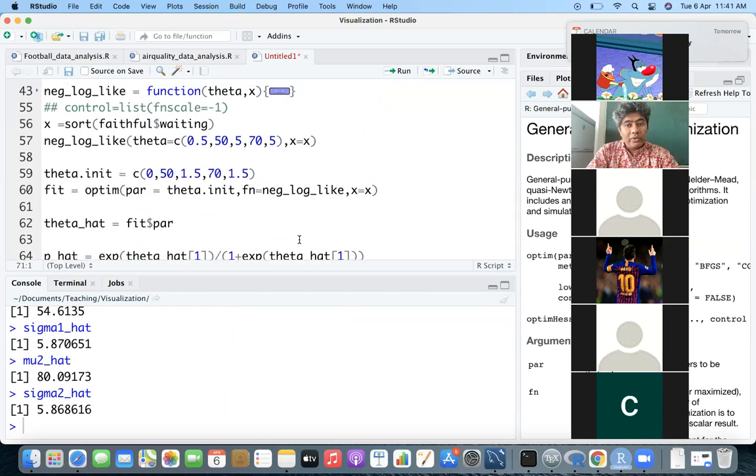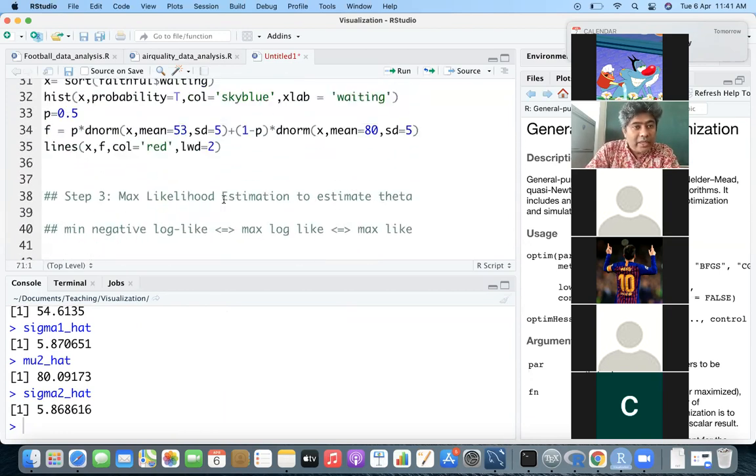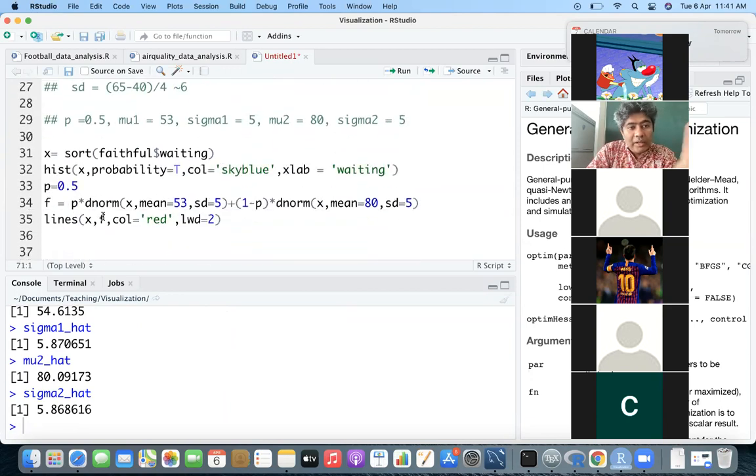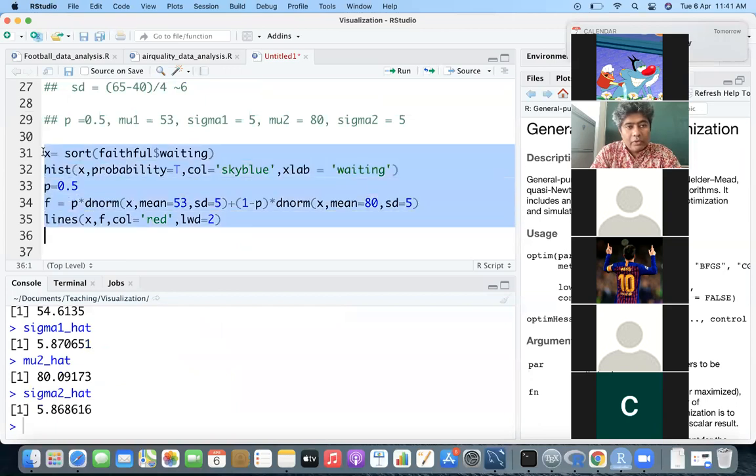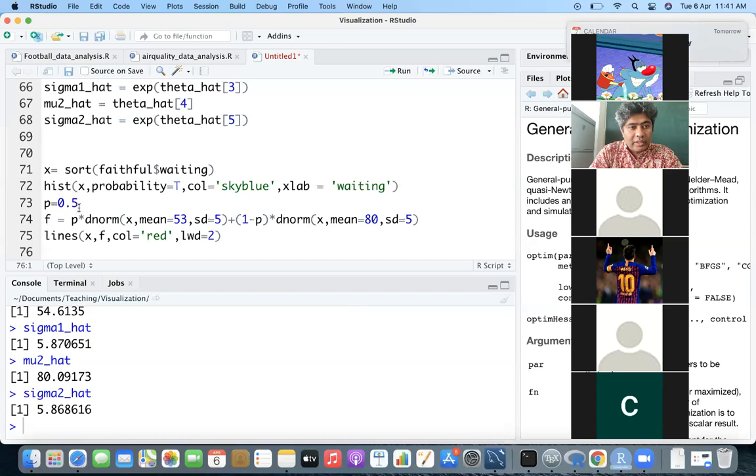Now, what I want to do is use these parameter estimates in this plot.